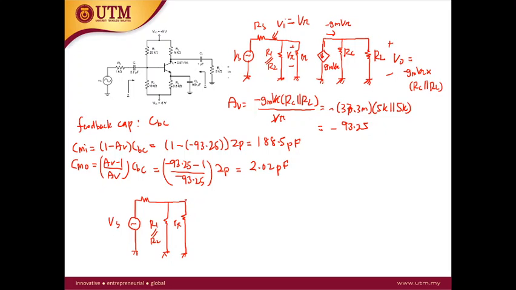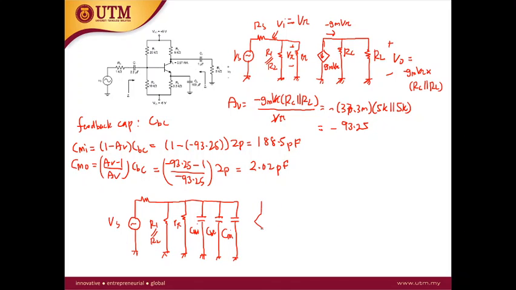At the input side, we have the CWI, wiring input, and then the base emitter CBE, and then lastly our Miller capacitance input, CMI. So we complete the input side.